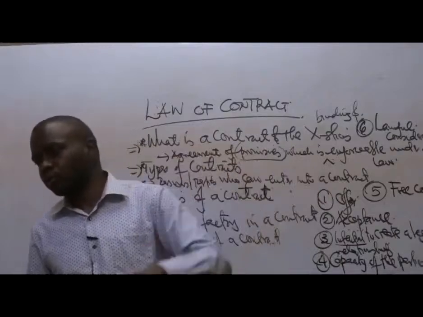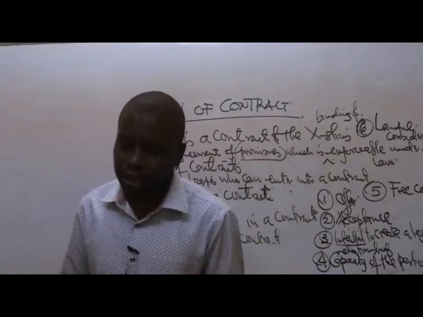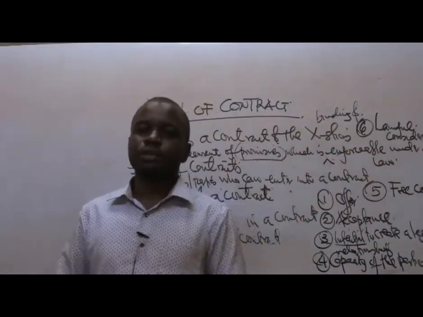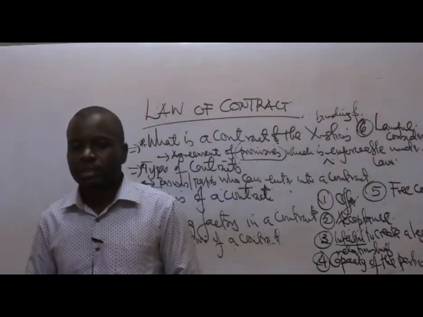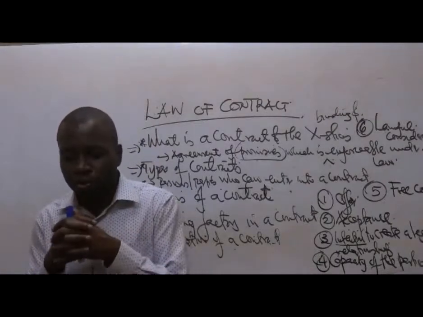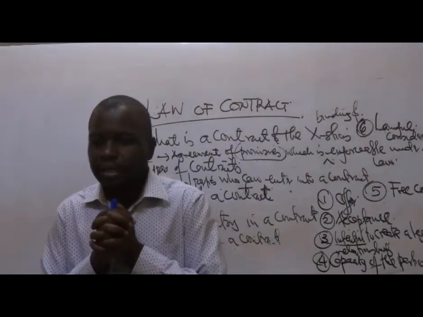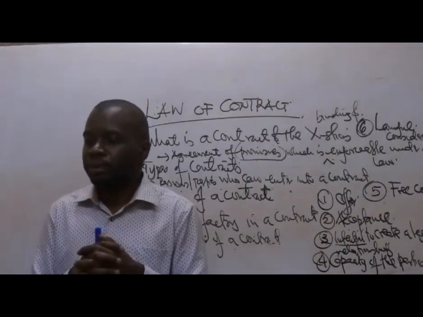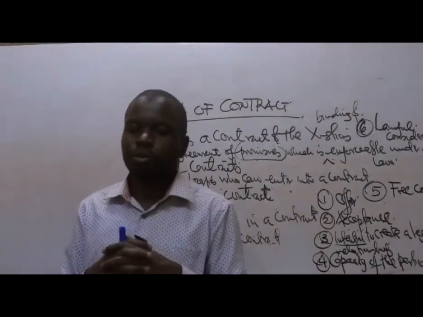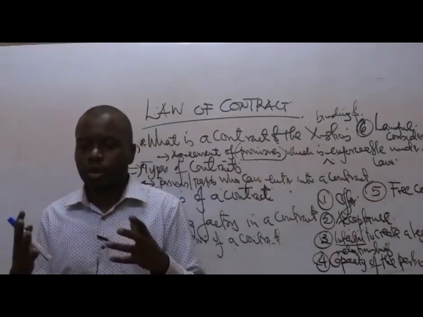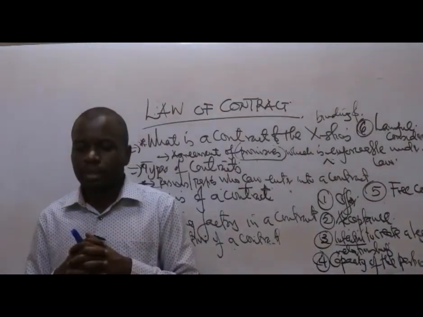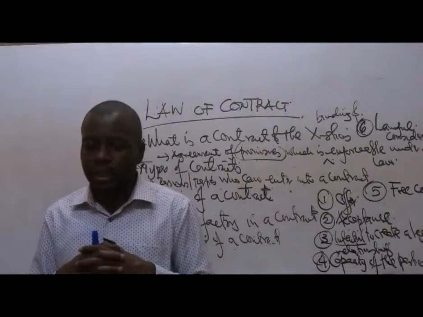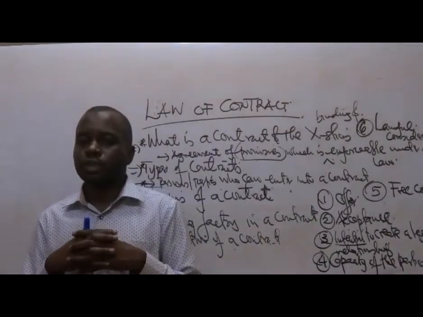I cannot force you as a student to enroll here for the classes. You have options. You can choose other persons. It's not a must that I'll hold on to you like this. You should have liberty to think through and make decisions on your own. Before you enter into any contract, it should be out of free consent.